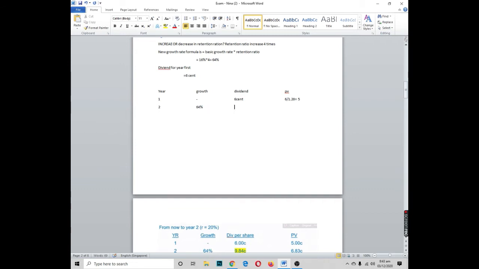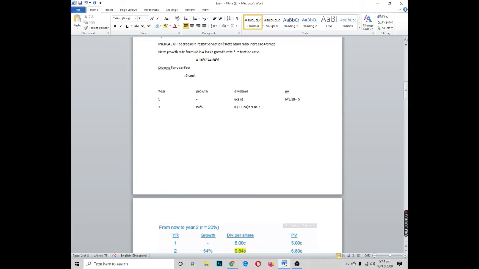So the dividend is 6 cent multiplied by 1 plus growth rate 0.64, which is equal to 9.84 cent. So this is the dividend for year 2.